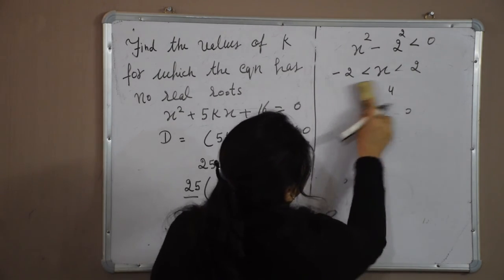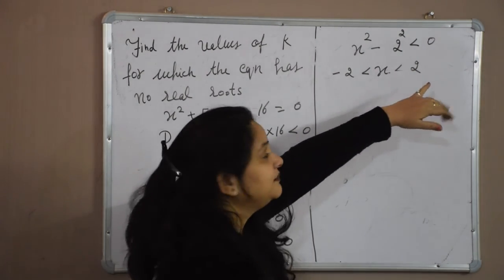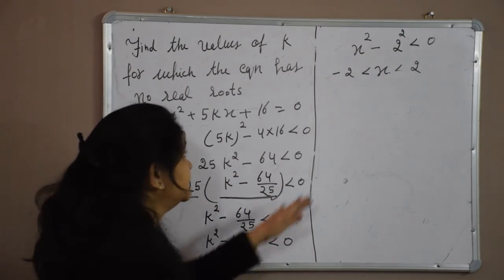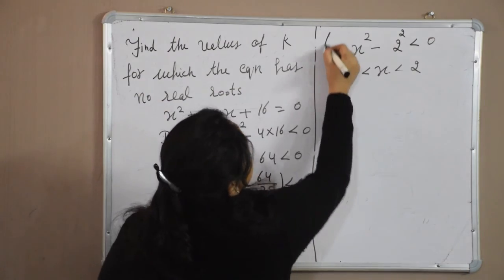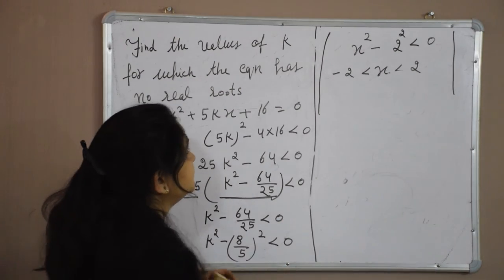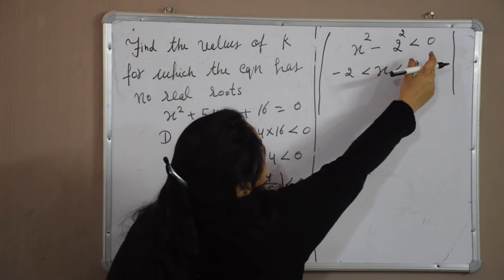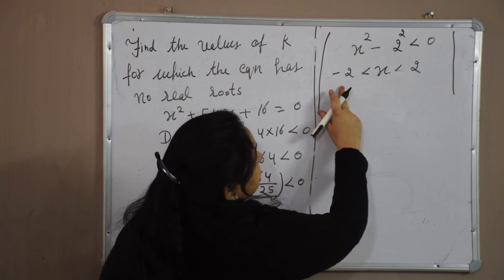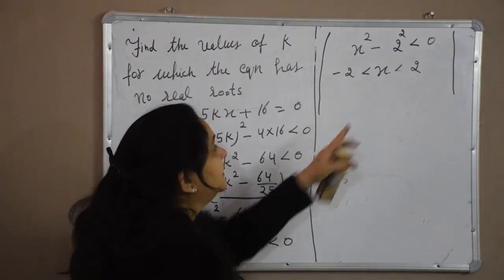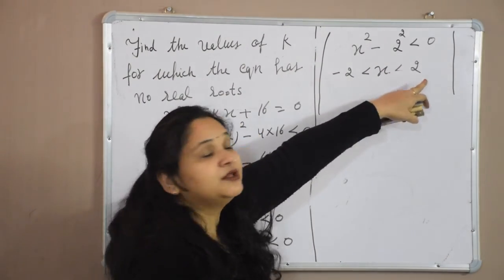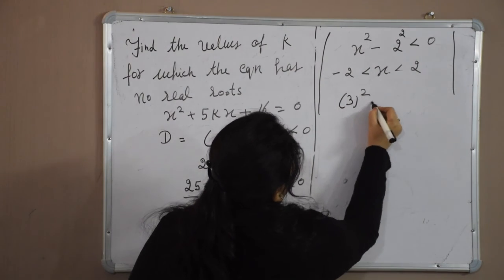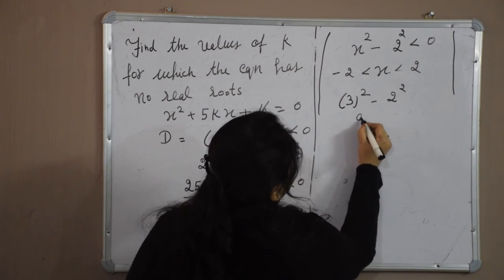But if I take a number greater than 2, I am giving you an example of how we can solve such types of inequalities. This is only a separate example, not connected to the question. x square minus 2 square less than 0, x should be greater than minus 2. Suppose I take x more than 2, suppose I take 3. So 3 square minus 2 square is 9 minus 4.